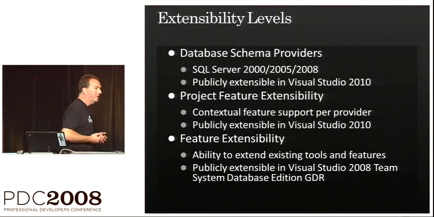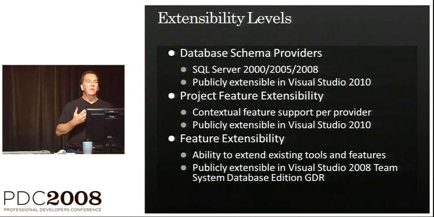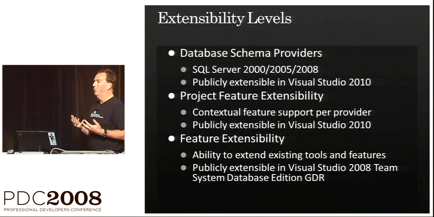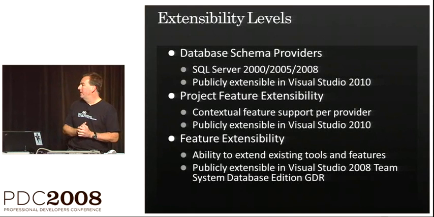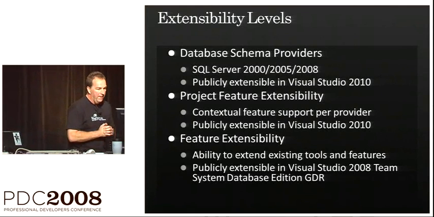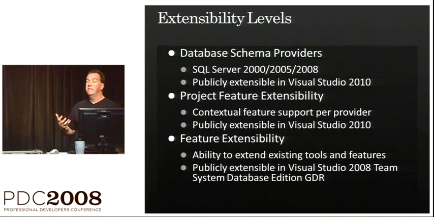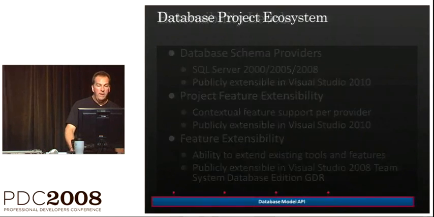This is where project feature extensibility comes in. This allows us to project in a contextual fashion what kind of tools are available to the user. And so this is something that will come online as well in 2010. And then we allow you to actually extend the existing system in our world.